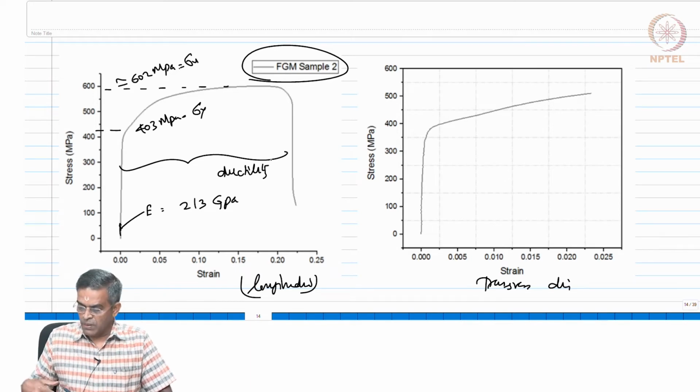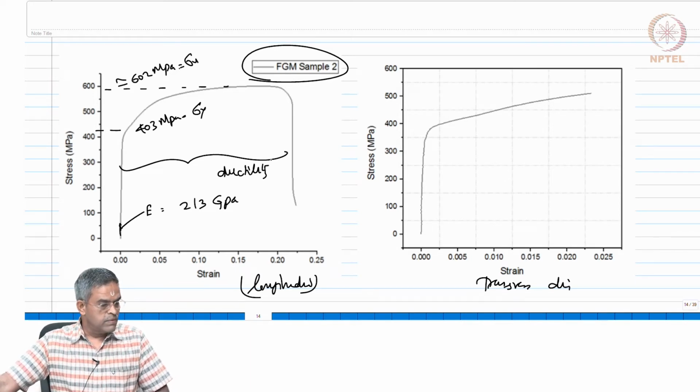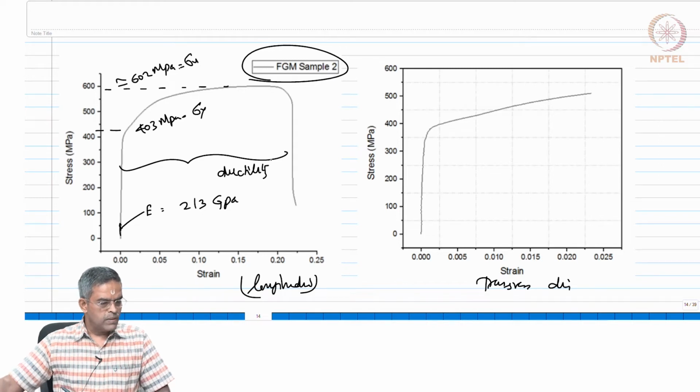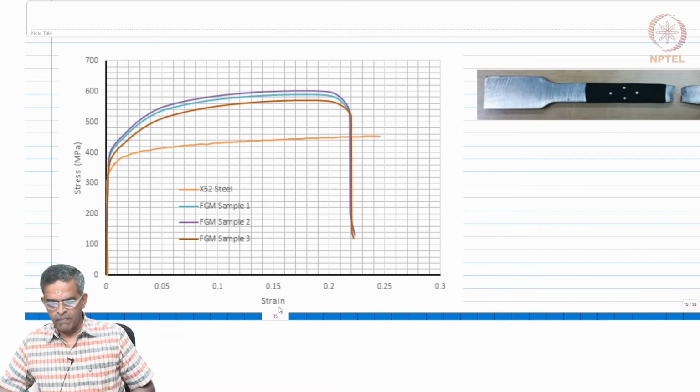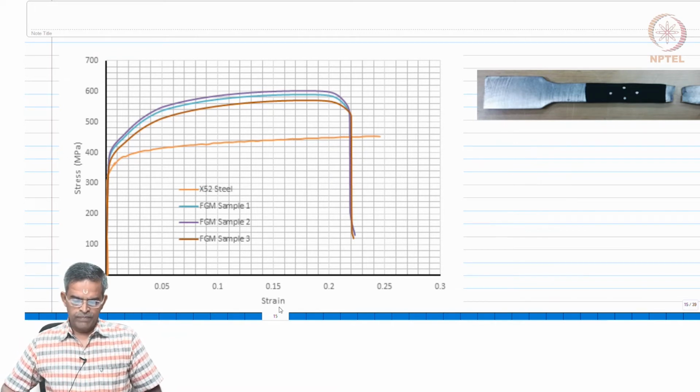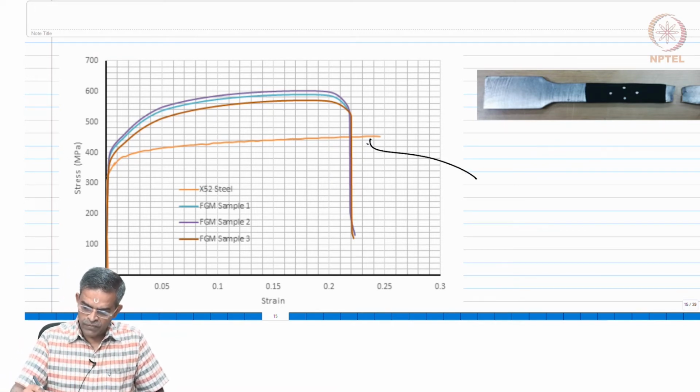In fact, we want to compare this with the X52 steel and see what happens. Let us show a comparison of this with all the three. This is my X52 steel, friends, which is the conventional steel being used for marine risers now.